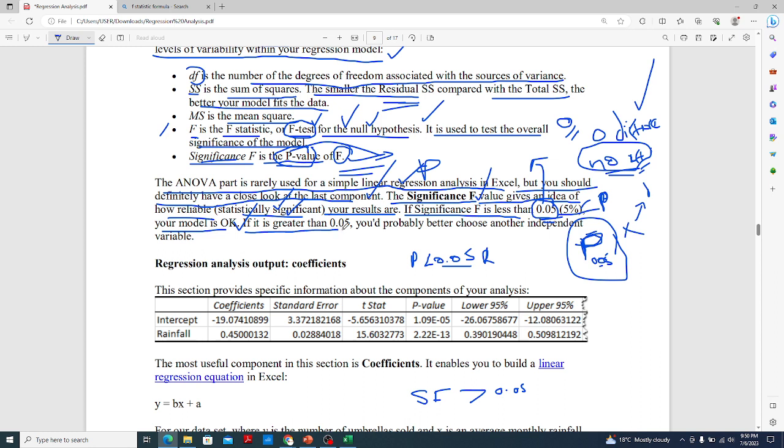If it is greater than 0.05, you'd probably better choose another independent variable. Why? Because remember, it's the independent variable that influences your output.